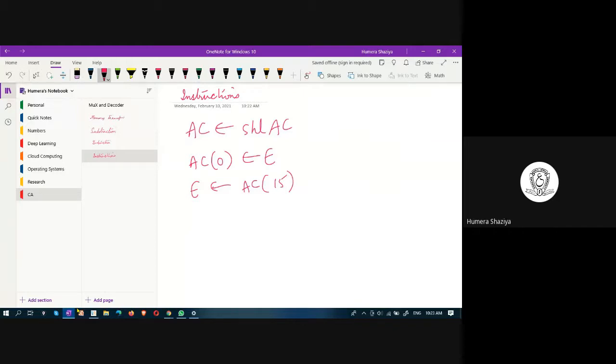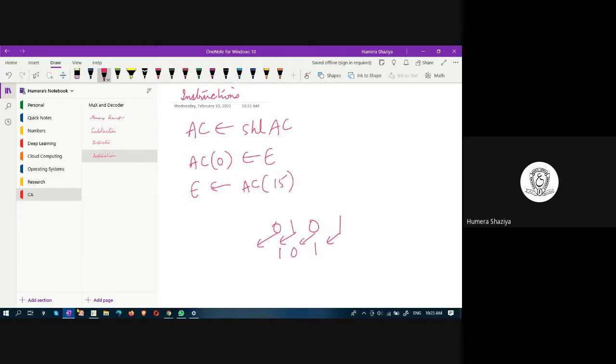So what are you doing here? You are performing left shift. Take 0, 1, 0, 1. Left shift means what happens? This 1 will move to left. This 0 will move to left. This 1 will move to left. This 0 is out.